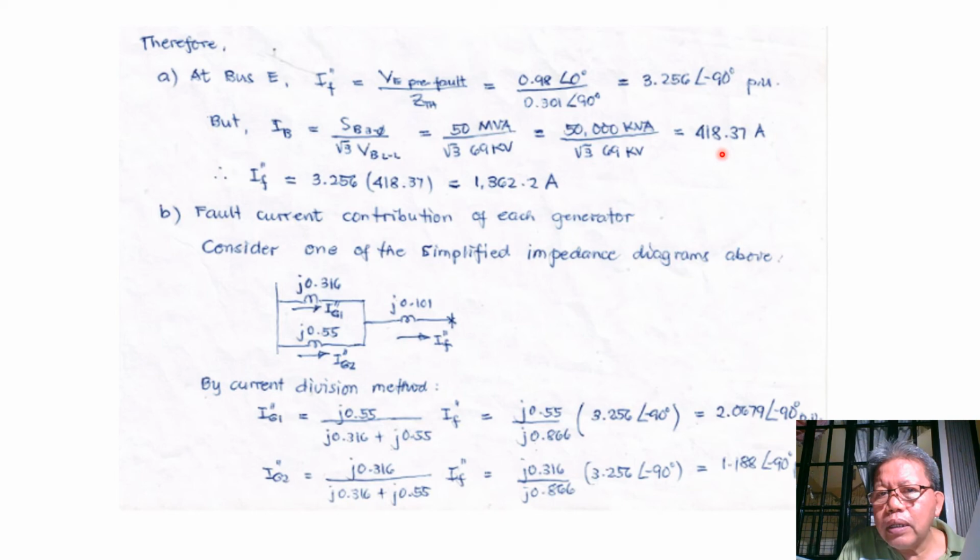Dividing, we have 418.37 amperes as the base current. So our IF actual would just be equal to the per unit value of 3.256 times 418.37. So this is equal to 1,362.2 amperes. So that's the value of the three-phase fault current at bus E.